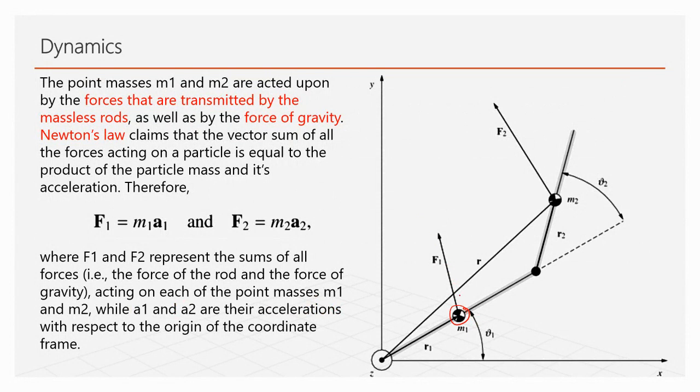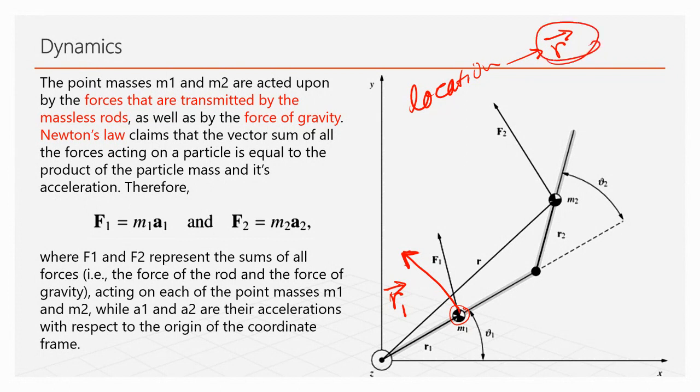Consider the location of M1 as a vector like R1, represented in a Cartesian system, polar system, whatever.